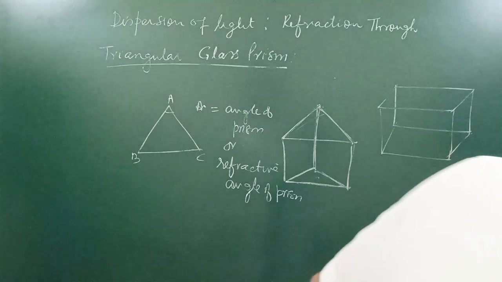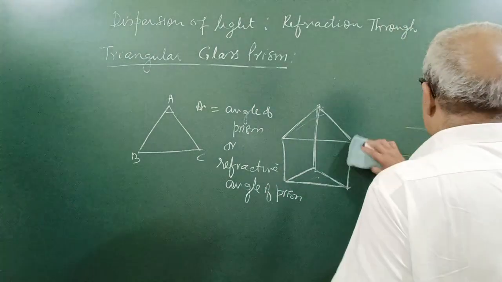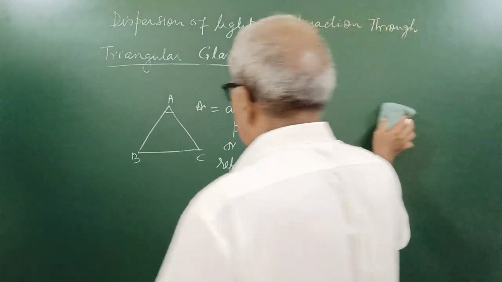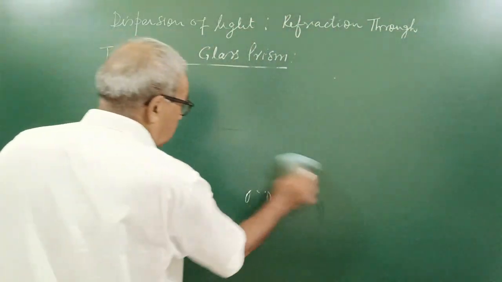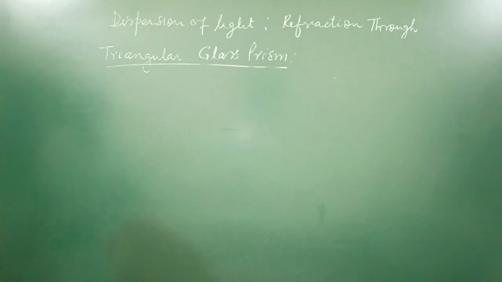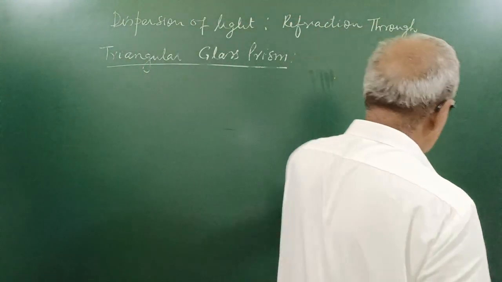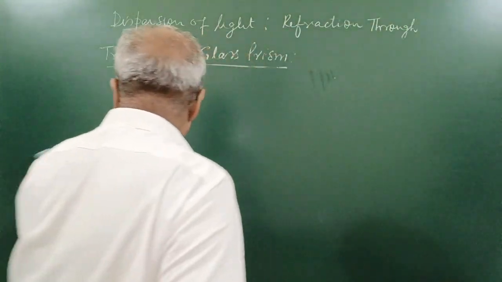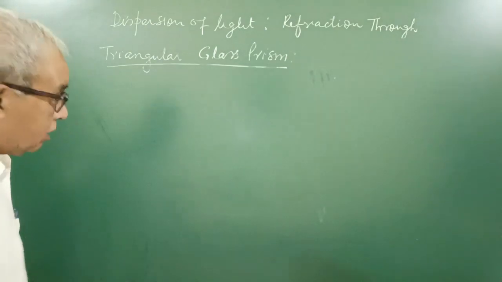Actually, Newton, by his experiments, did a lot of work in physics. We are very much in debt to Newton. He made our life so easy by his innovations, thoughts and discoveries.